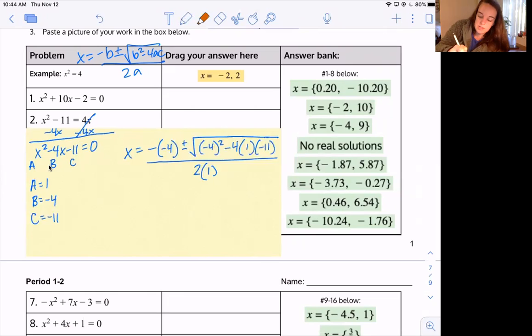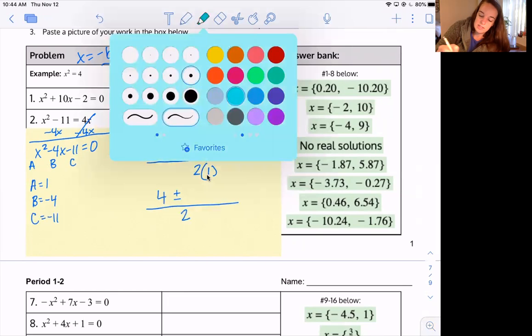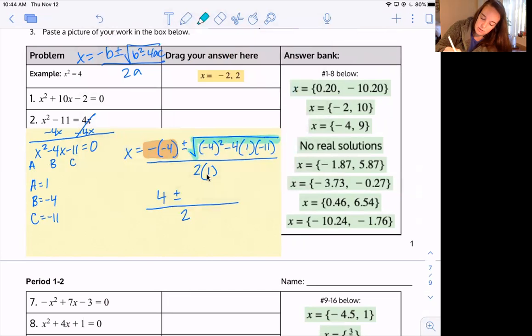So for my first zone, I have this section here. Negative times negative 4 would make positive 4, plus or minus. The bottom zone, the denominator is 2 times 1, which is just 2. And then I have this other part over here, the square root of all of this.